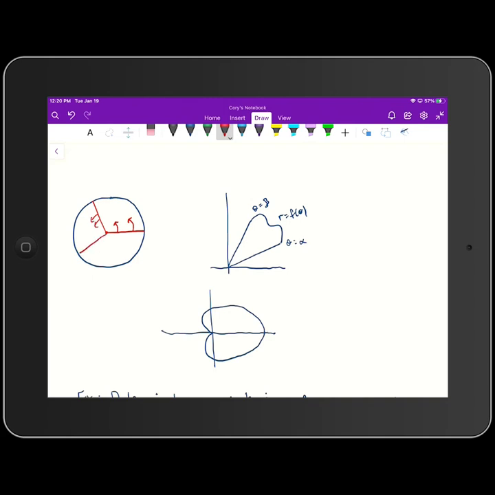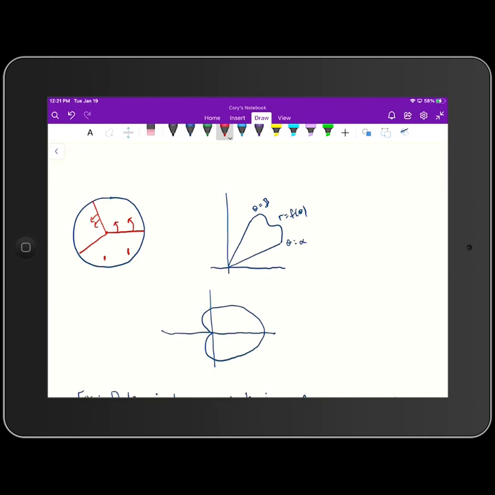So if you picture that radius getting circled, what happens on a radar is if airplanes or submarines or ships show up, you'll see a blip on the radar. So those two blips would be airplanes, for example.